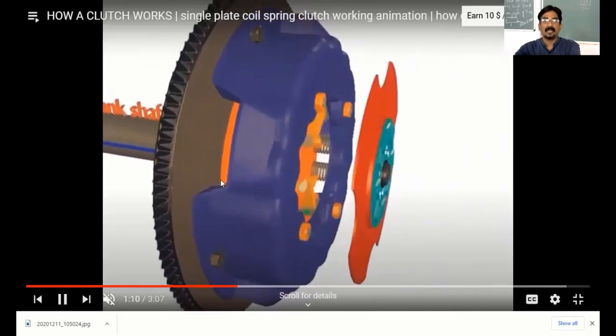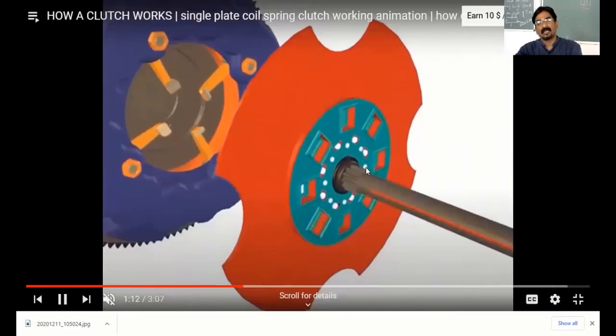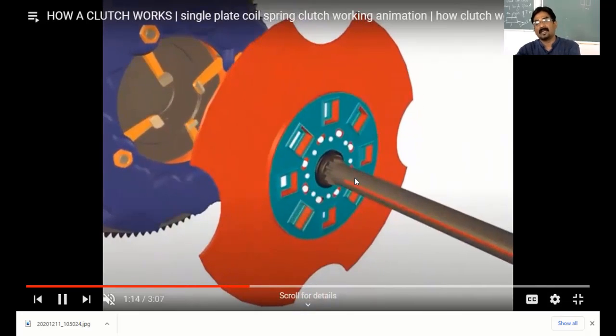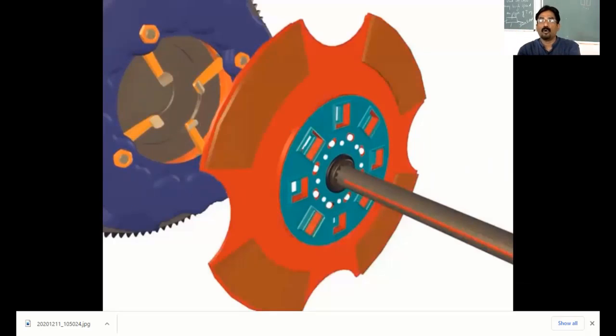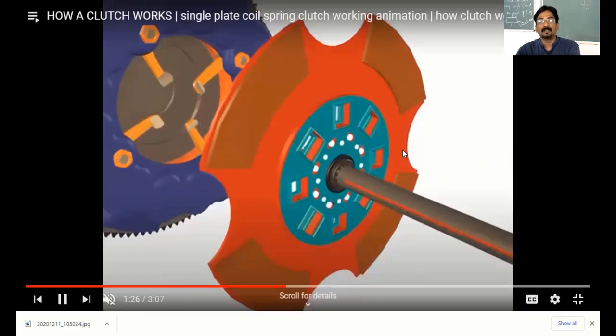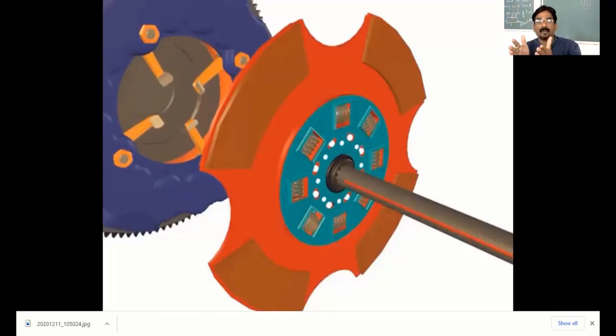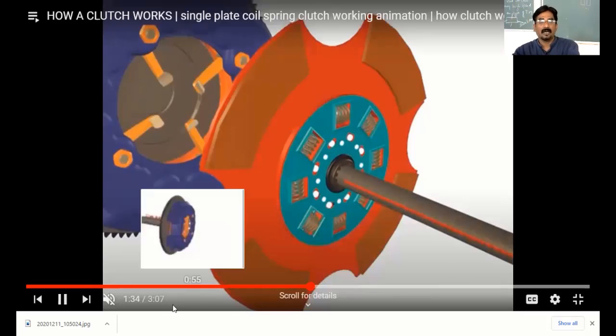This is the flywheel, and this is the clutch plate. The clutch plate is connected to the clutch shaft with the help of splines. That's why it moves in and out, with forward and backward movement. Then only it connects and disconnects the clutch plate between the flywheel and the transmission section.